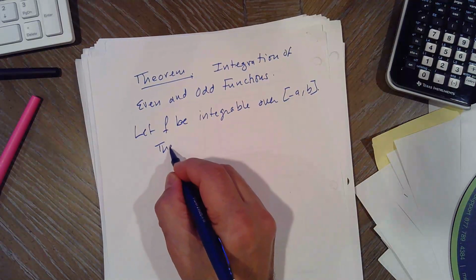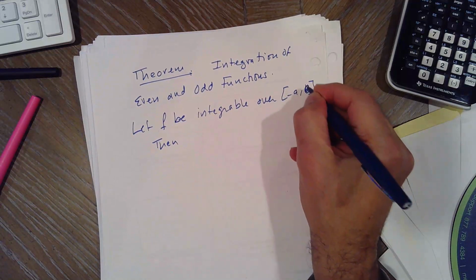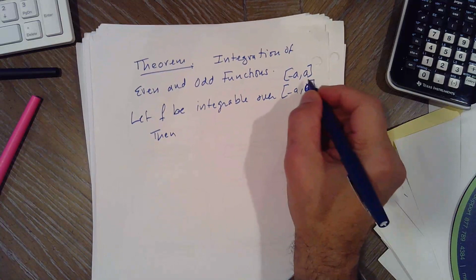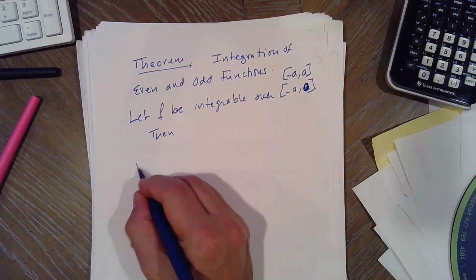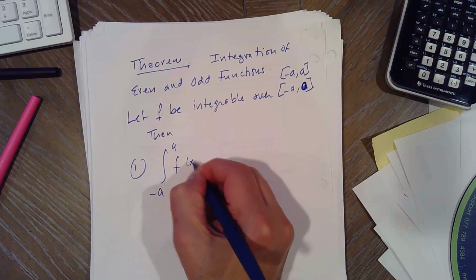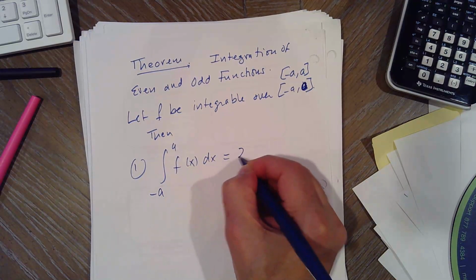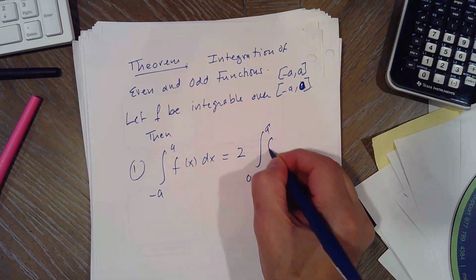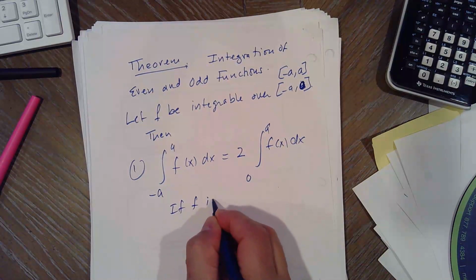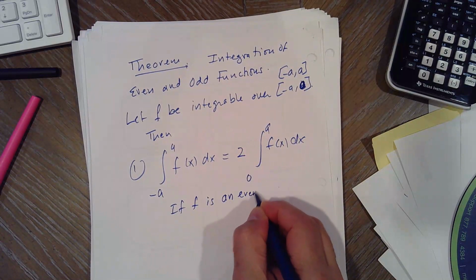So it's negative a to a, like negative 2 to 2, negative 3 to 3, negative 5 to 5, that's the interval we're using. The integral from negative a to a of f of x dx is twice the integral from 0 to a of f of x dx if f is an even function.